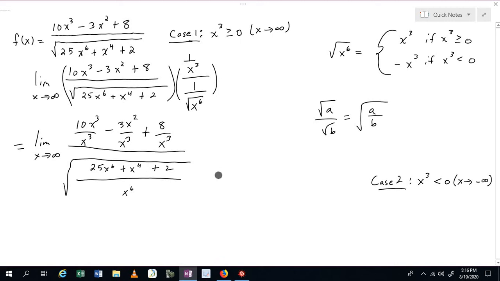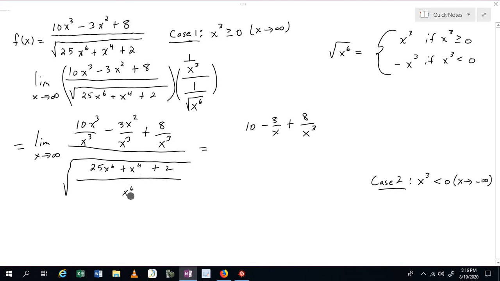That allows me to simplify the stuff inside. So the x cubes cancel, and you're left with 10 here. Here you're left with minus 3 over x, and then here you're just left with 8 over x cubed.